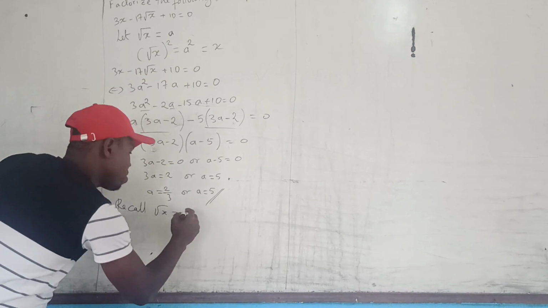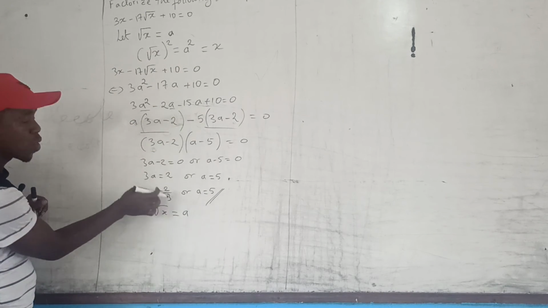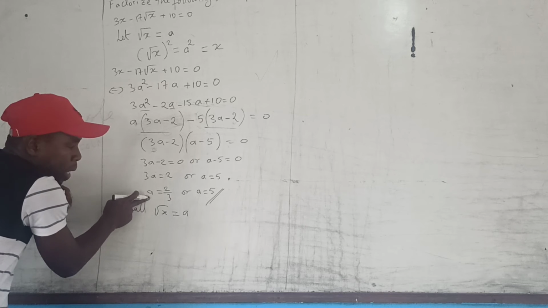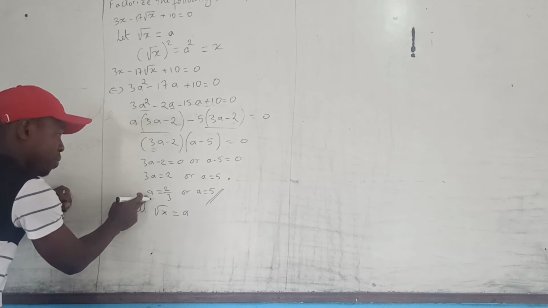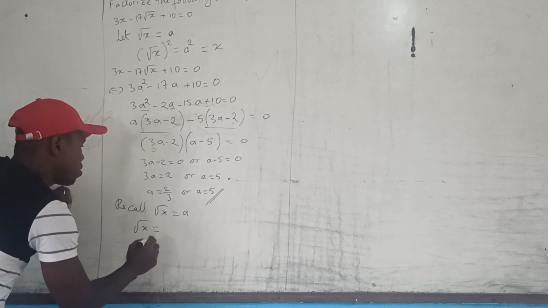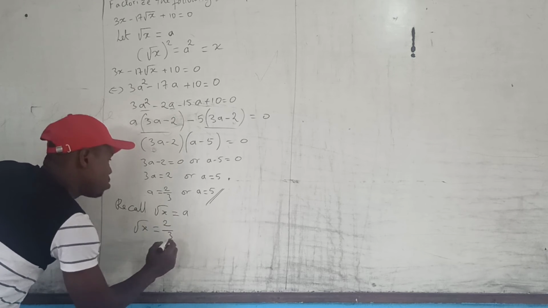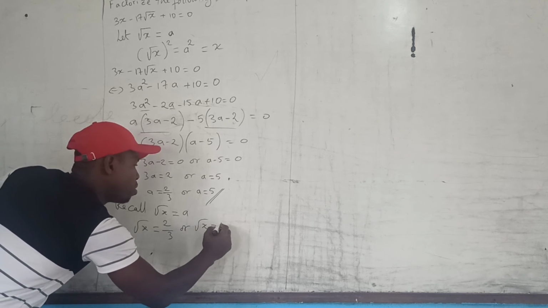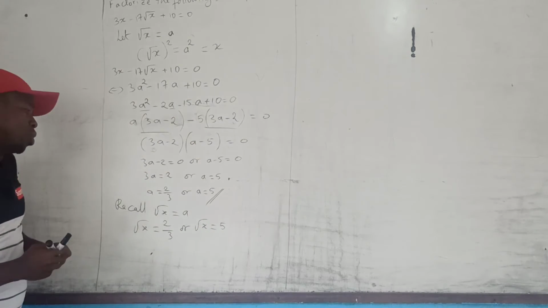Was a. As you said, you will now come and substitute them now. So which will give us what? Instead of now a, you will now write square root of x for the value of a. That means to be square root of x equal to 2 over 3, or square root of x equal to 5.